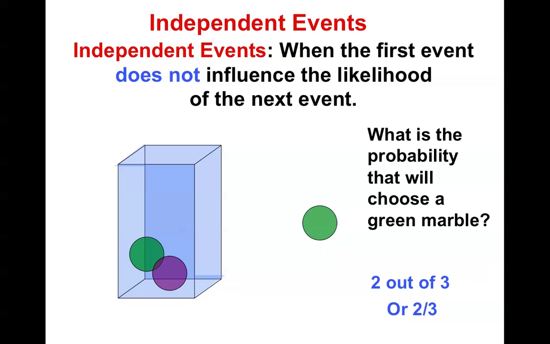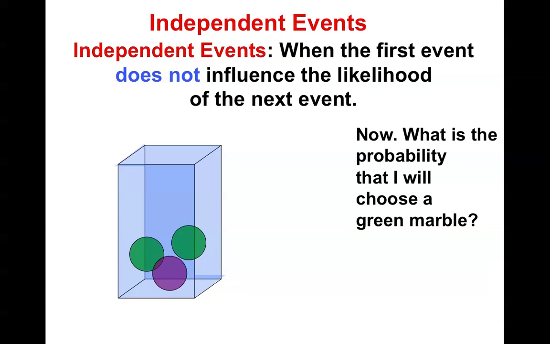If you take the first ball out and you get the green, what an independent event means is that when we get to the next person, we put that green ball right back in the bag. So now, what is the probability that I choose a green marble? The probability is the exact same as it was the first time, because the first event did not influence the likelihood of the next event. So it's still 2 out of 3, or 2/3.